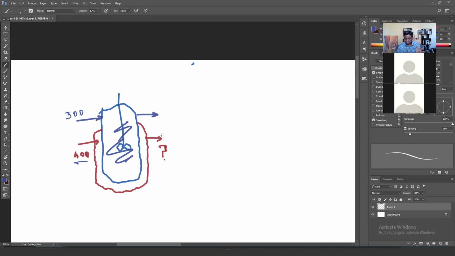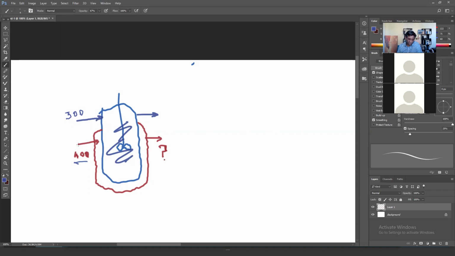If you have a slow flow through, then there's enough time for heat transfer. And let's say this was highly exothermic. So then probably your temperature here will rise, right? The temperature in the reactor will be so high that you'll start heating up this heat transfer medium, and the heat transfer medium will leave at a higher temperature.